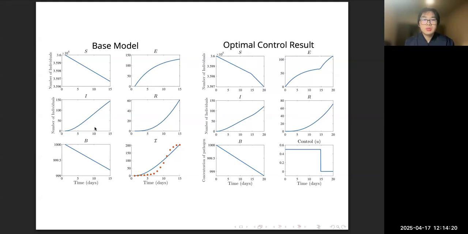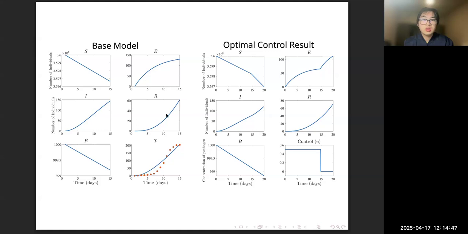On the left is the base model I showed before, our fitted model based on our data set. On the right, we have our results from optimal control. This tells us that we actually want to run our control for the entire 15-day period. In the exposed, on our base model at 15 days, we're at about 130 exposed, but when we run our control, at 15 days we drop down to about 70.